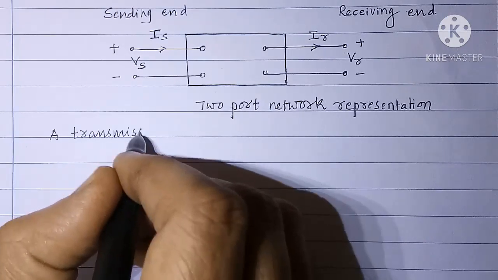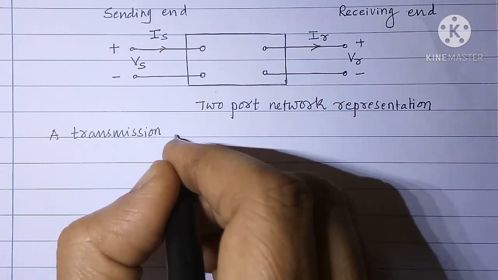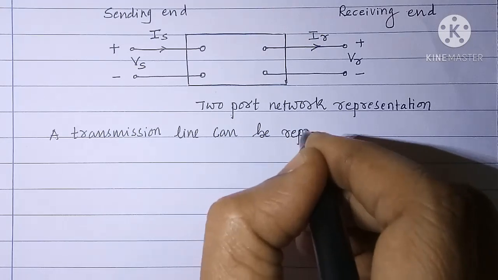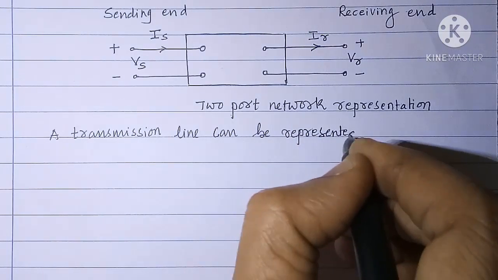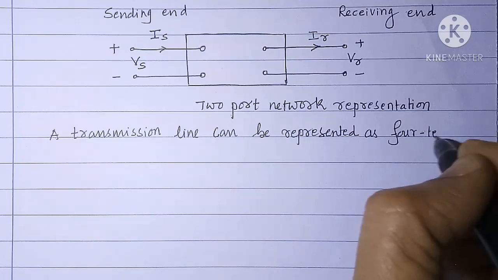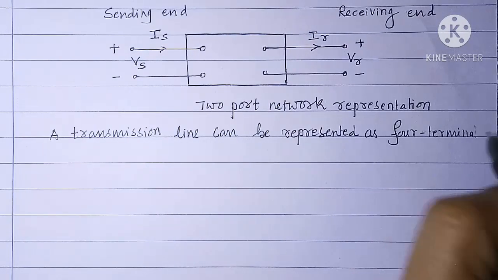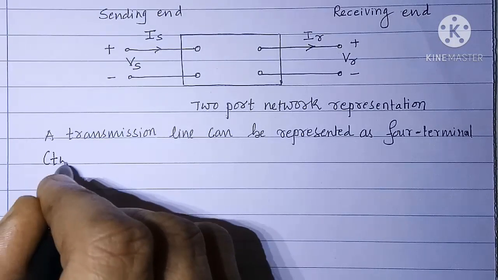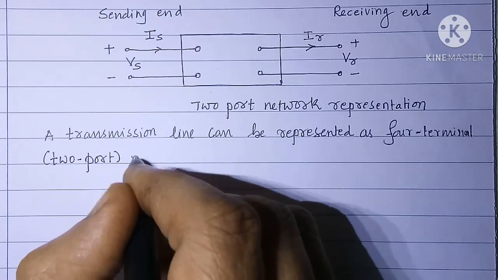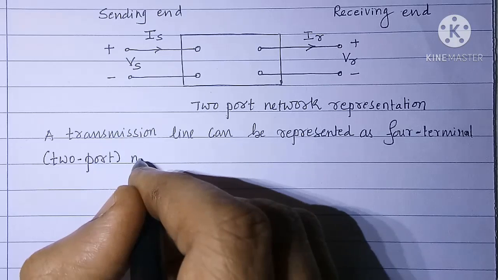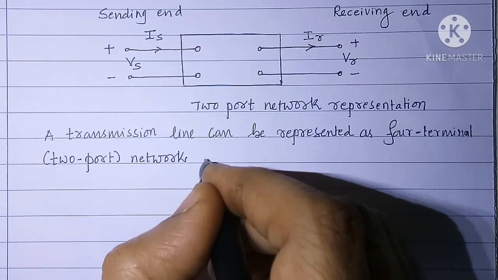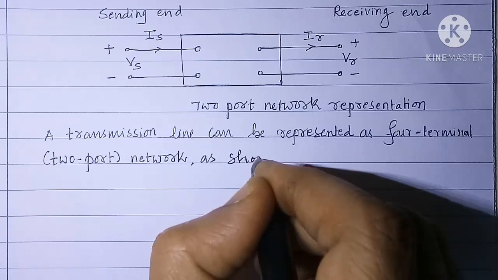A transmission line can be represented as 4-terminal or 2-port network, as shown in figure above.